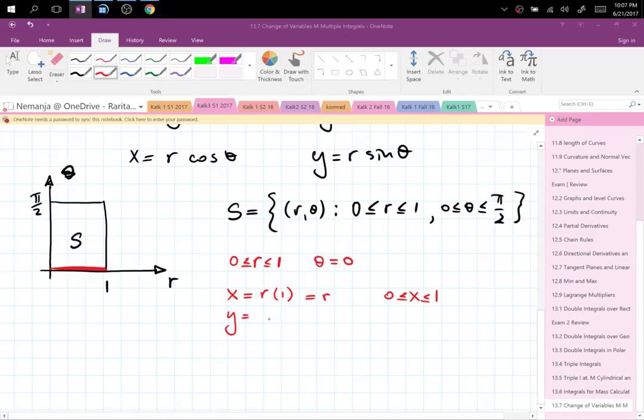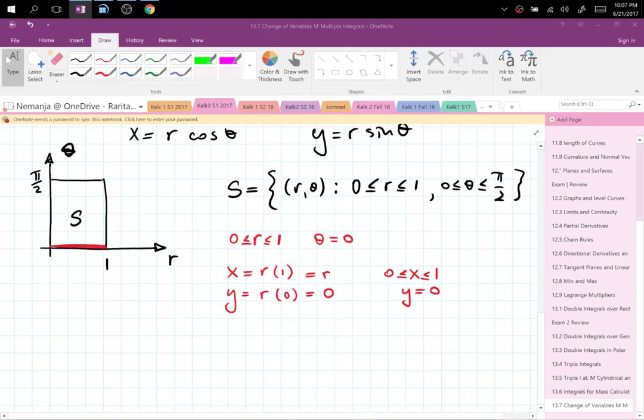And y is equal to r times sine of 0, which is 0, so y will always be 0. So I have a first line that I need to draw for my transformation, and that line is this line here, from 0 to 1. Now this is xy.